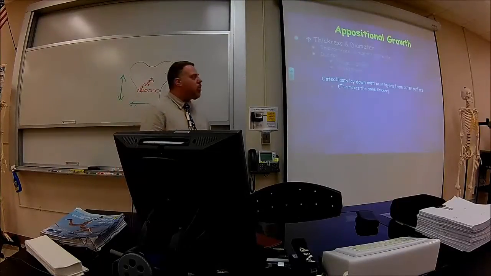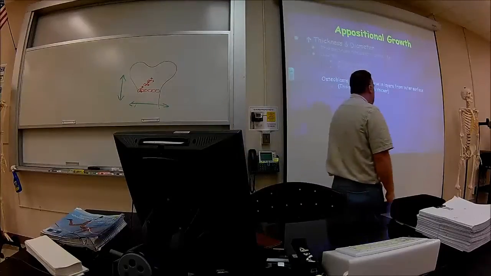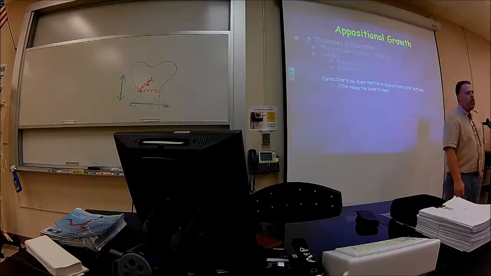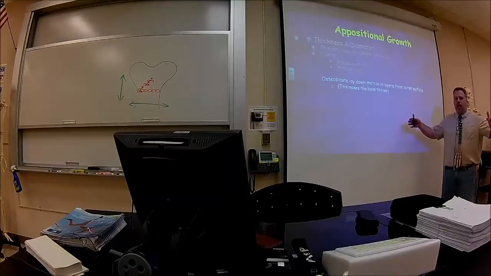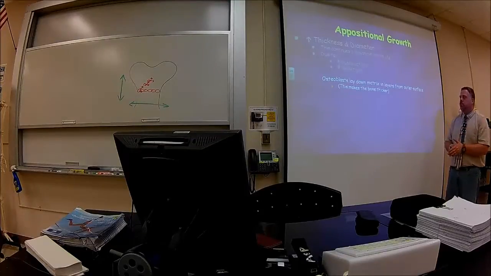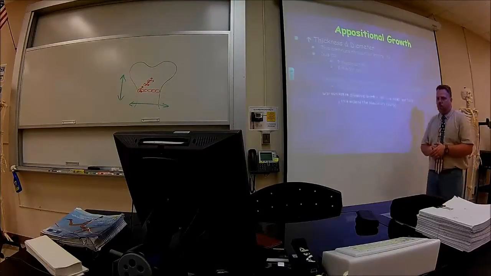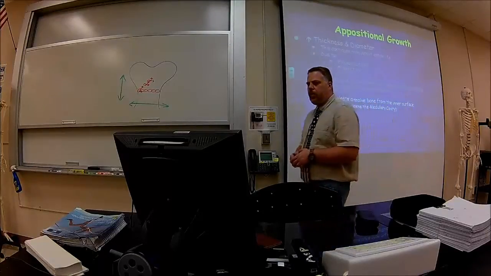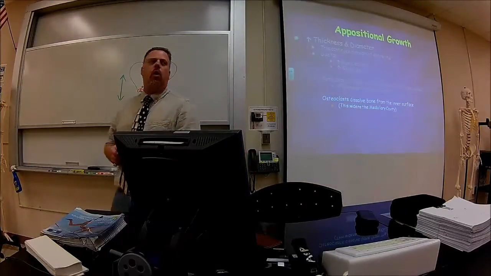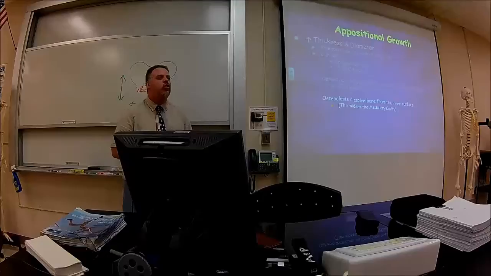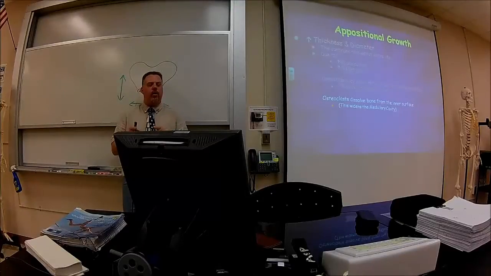So what happens with appositional growth is that osteoblasts are going to lay down the layers from the outside and moving inwards, and this makes the bone thicker. Whereas osteoclasts are going to dissolve, or a better word that we use is resorb, the bone from the inner surface and go out, and this widens the medullary cavity.